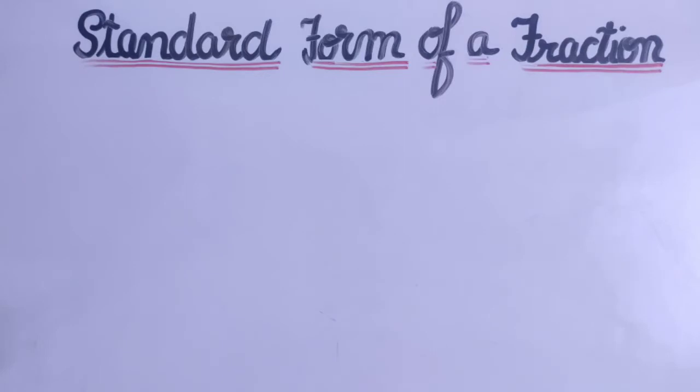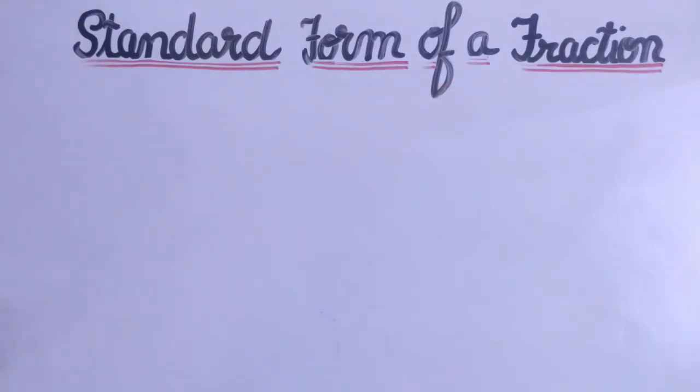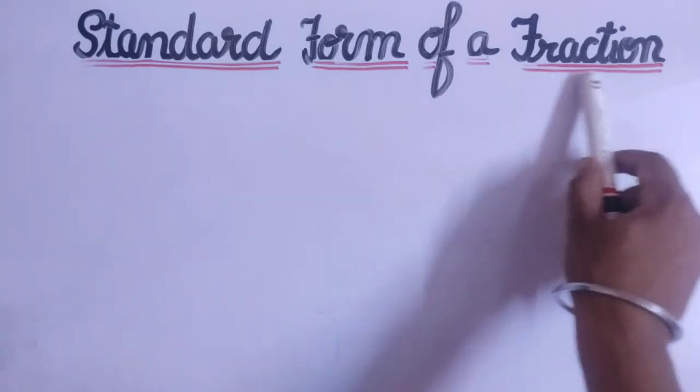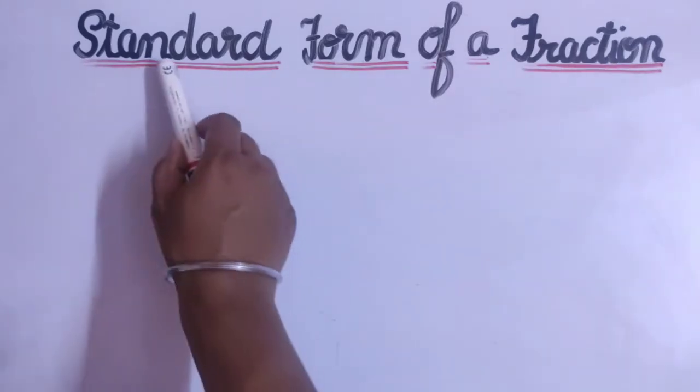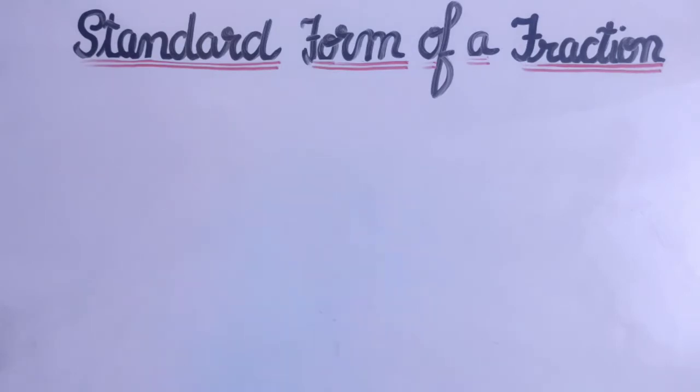Today we will do one most important topic of the fraction chapter, that is standard form of a fraction, or simplest form. Students, a fraction is said to be in lowest term, simplest form and in standard form if its numerator and denominator do not have any common factor other than 1.